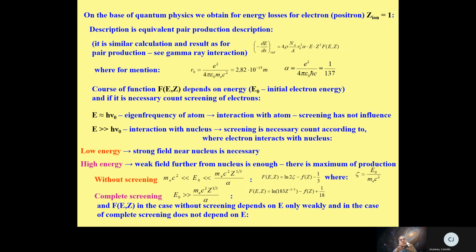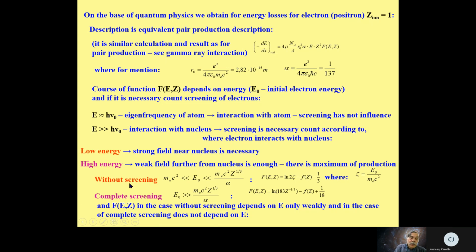And because this volume depends on the third power of the radius, the volume outside the central part of the atom is much larger than the volume near the nucleus with strong field.